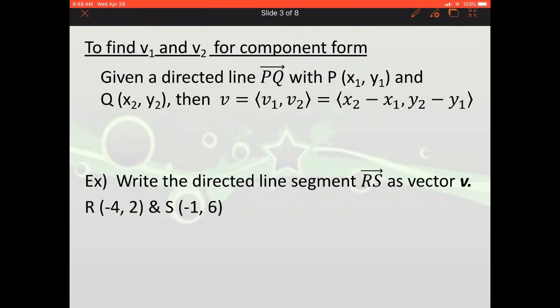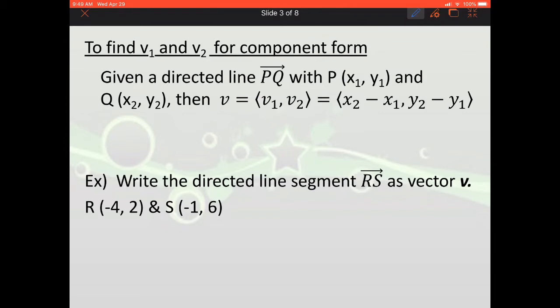So we might have to write component form from a directed line segment. Let's say I have directed line segment PQ with some initial point P at (x1, y1) and some terminal point Q at (x2, y2). To find vector v in component form, or whatever you're going to call it, vector u, vector w, what you do is you subtract x2 minus x1.